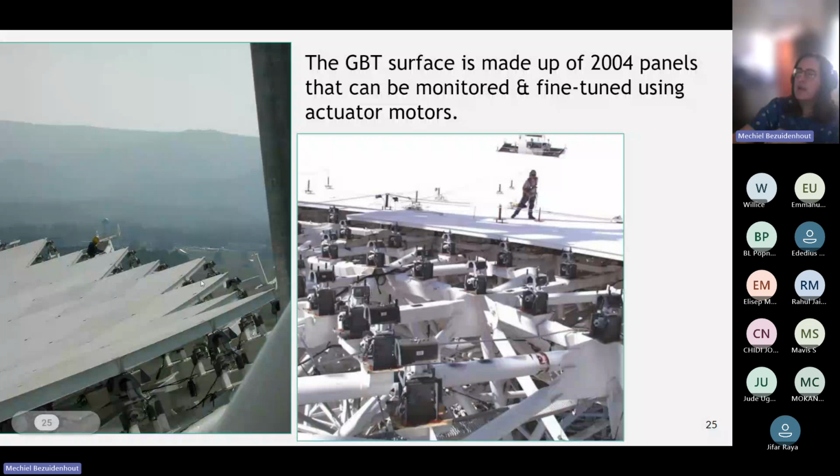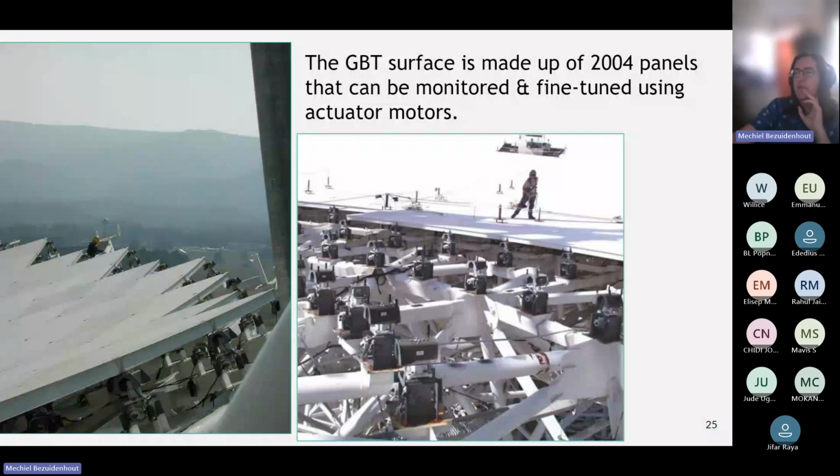Those actuator motors can very finely measure the orientation of each panel, and then by calibration observations, make sure that each panel is oriented exactly correctly to minimize the loss of efficiency due to surface smoothness.